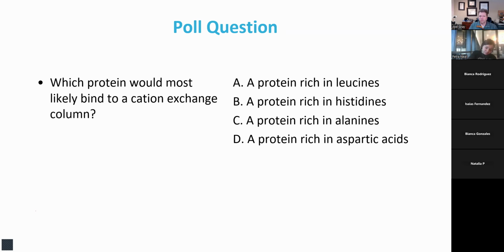So what's it looking for? And remember, we're thinking about the R groups alone. Oh, popular answer is correct. Oh, I spoke too soon. No, it's still good.